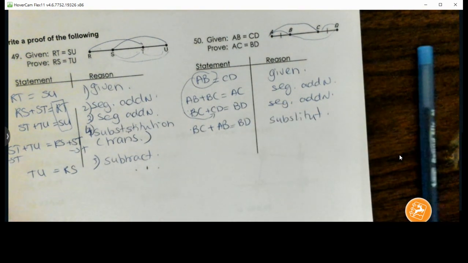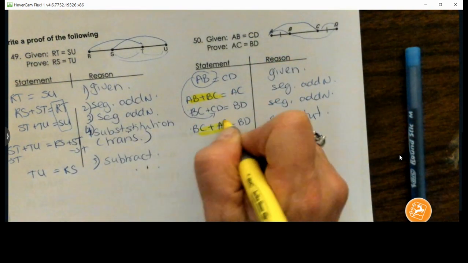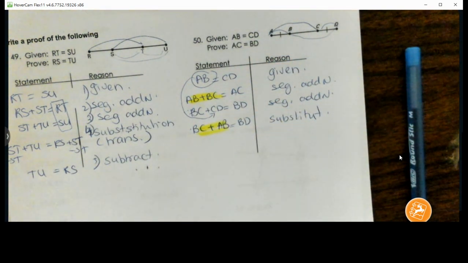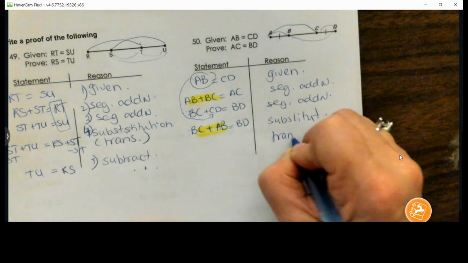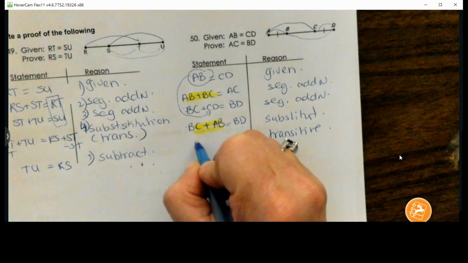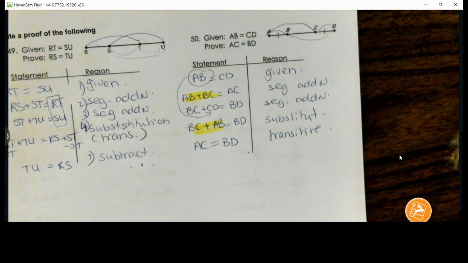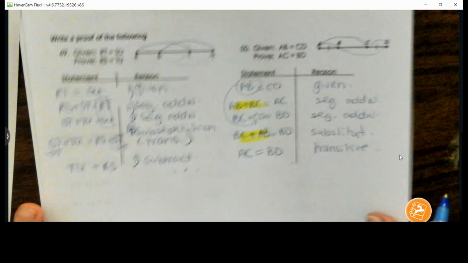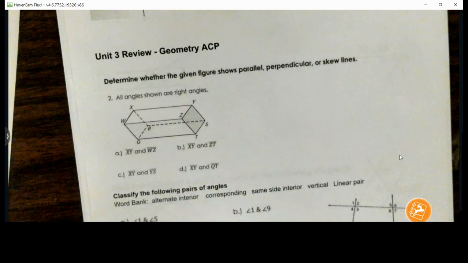And now they're equal to the same thing, so we could do transitive. So now I have AC is equal to BD. Okay, I have 2 more proofs left. I'm going to try to do them quickly.